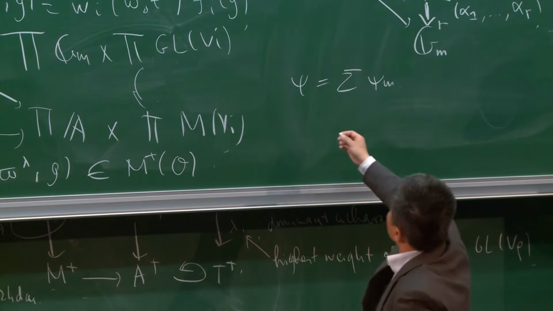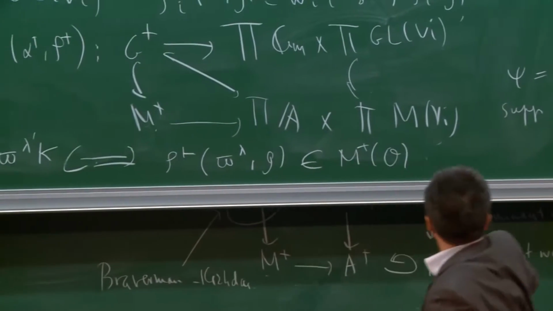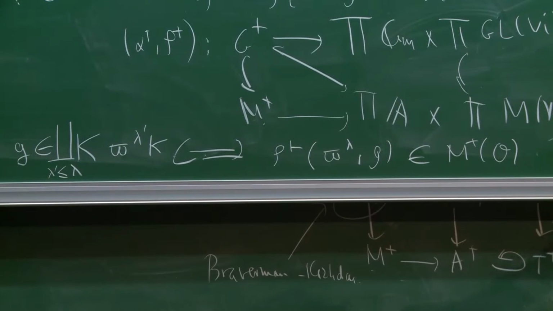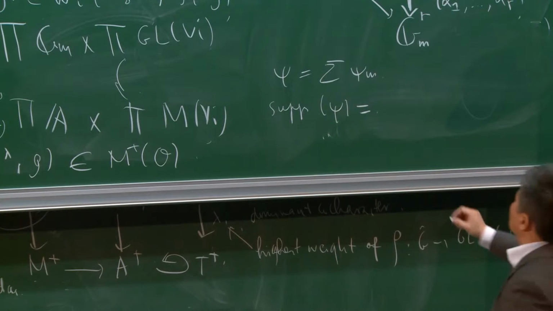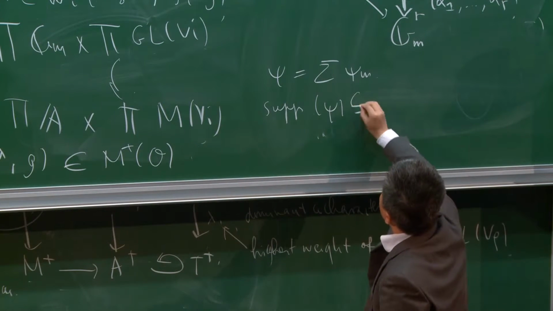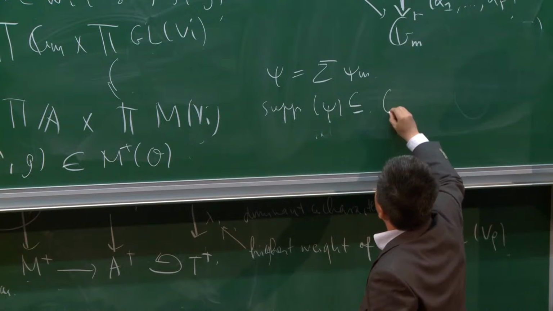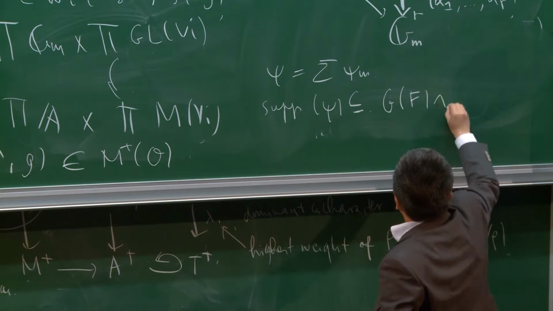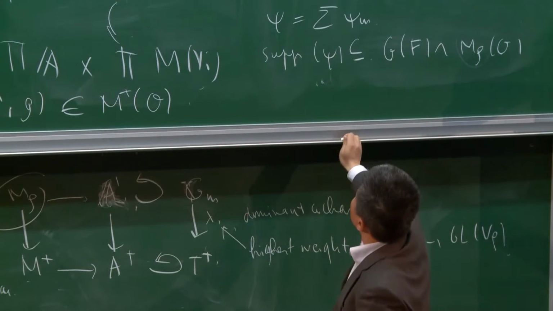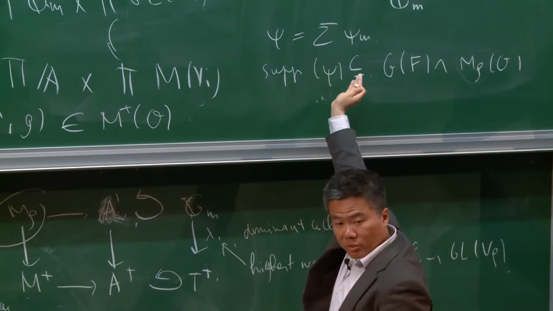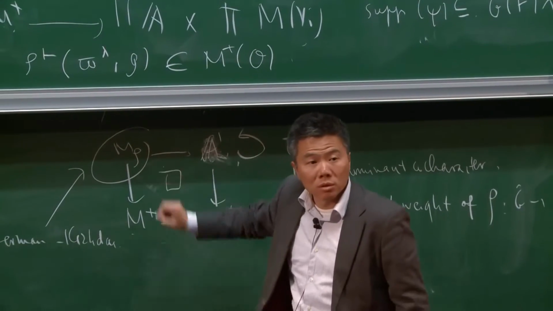So the support of psi, by this equivalence, it is easy to check that the support of psi is exactly, or at least more or less equals, G(F) cap M_rho(O). So the support of this function is the integral points of some monoid. This is Cartesian, yes, by construction.